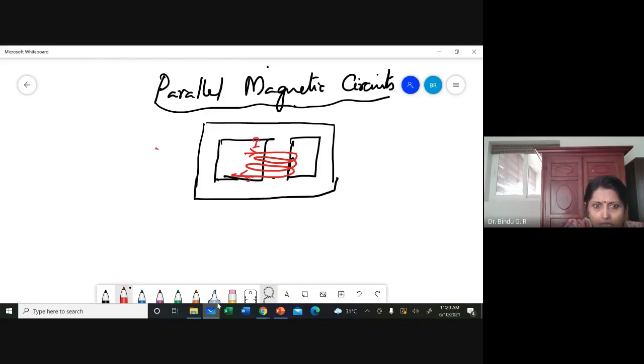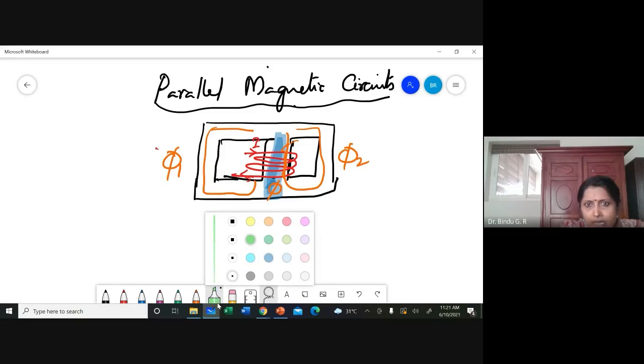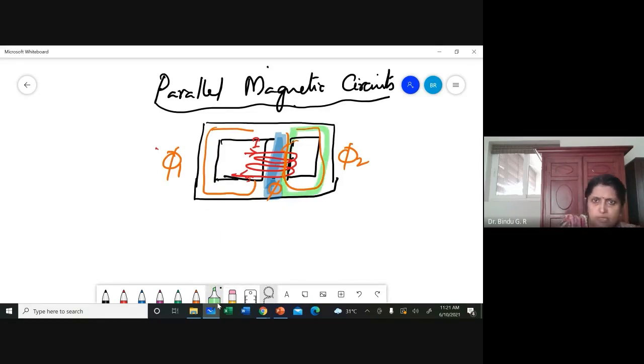Of course, flux phi will be produced here, which will get bifurcated into flux phi 1 and flux phi 2.